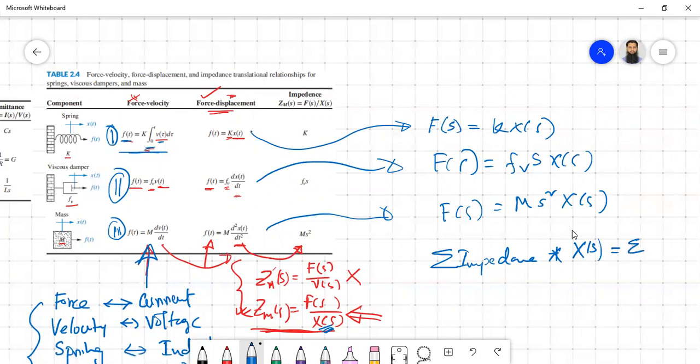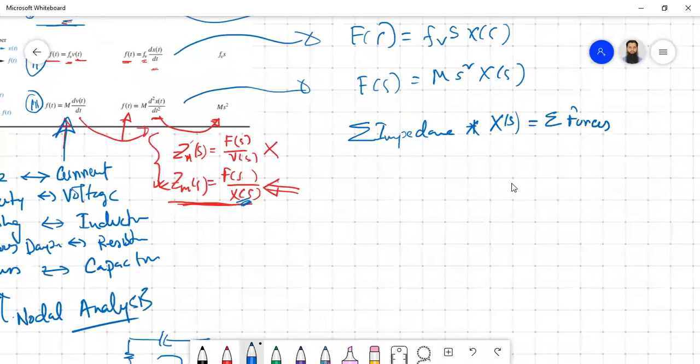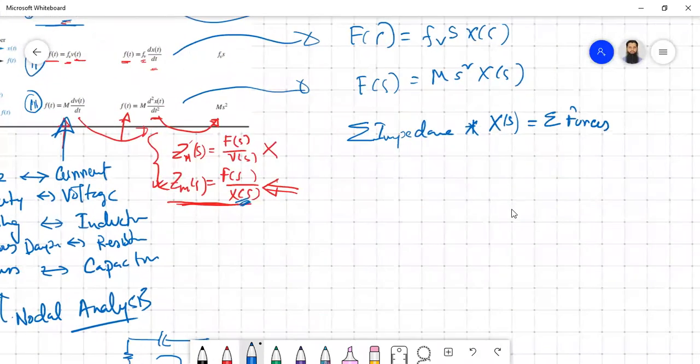Actually, in most cases there is only one force in a single equation of motion. So the summation of the forces. Similar to the electrical case, the summation of the impedances into current was voltage. So the same thing applies here.